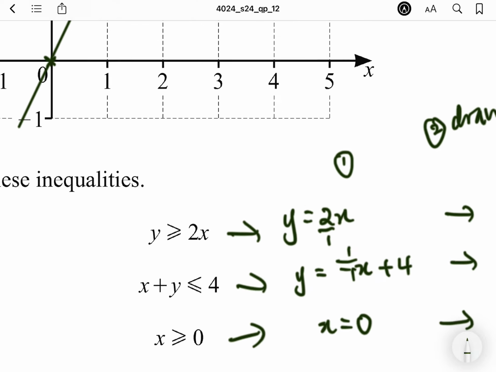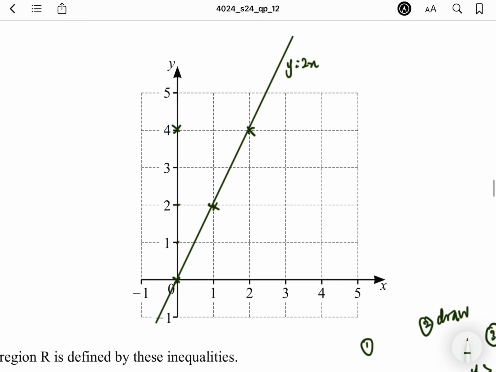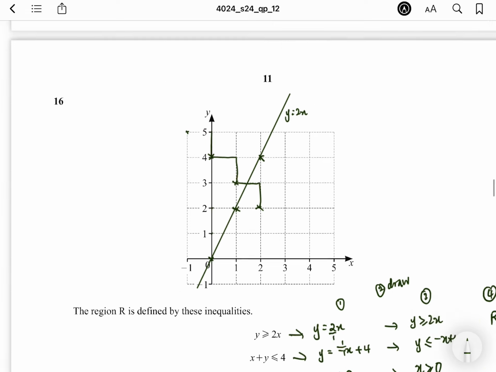Rise 1, and then to the left. So the pattern is the same as this. Note that. Okay?